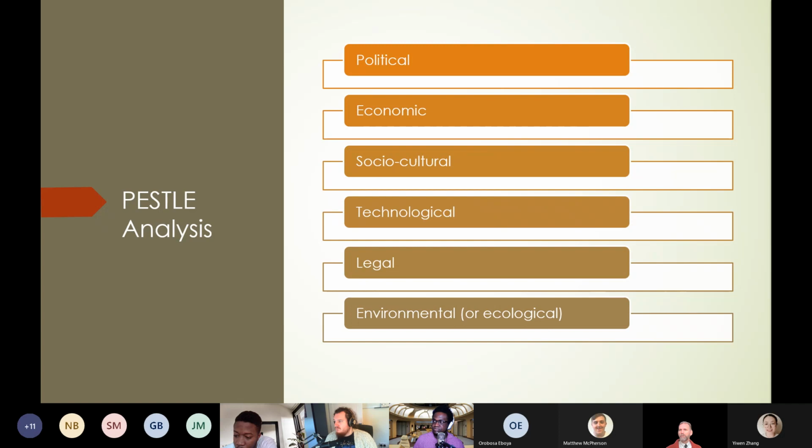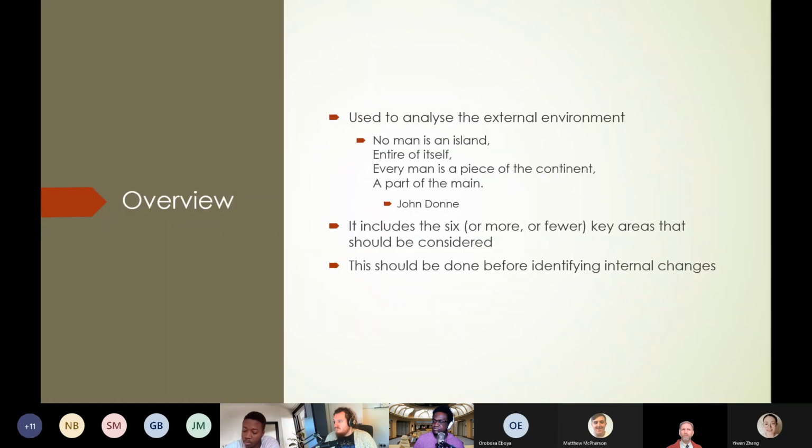Your business may or may not be big enough to have an effect on the economics of the country, but the economics of the country will have an effect on your business. So Pestle is about analysing what's happening externally, looking at those things that we've identified from the acronym, and trying to understand how they affect your business just now and how it may affect it in the future.